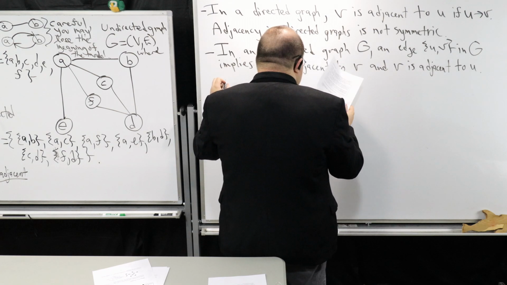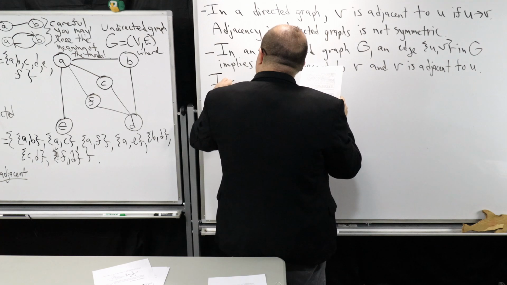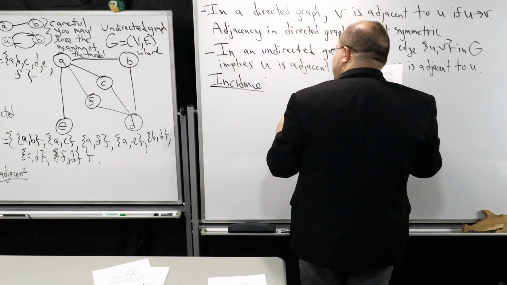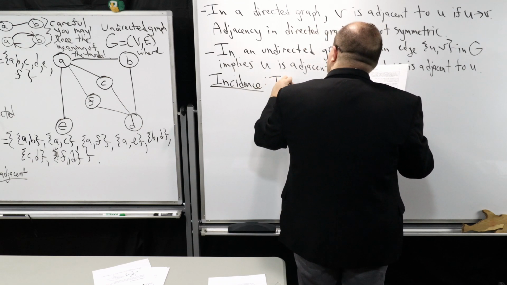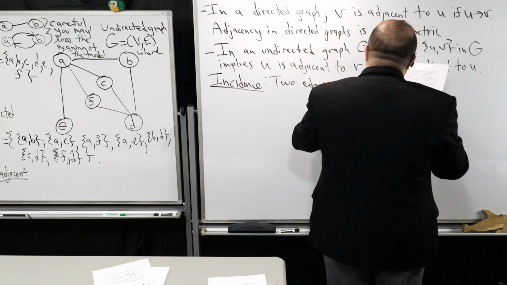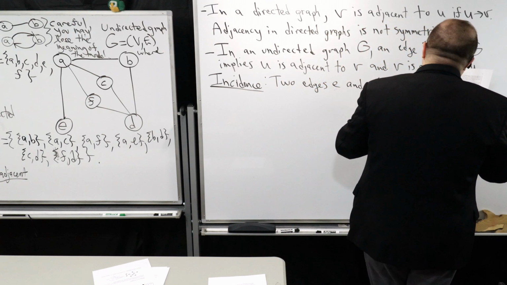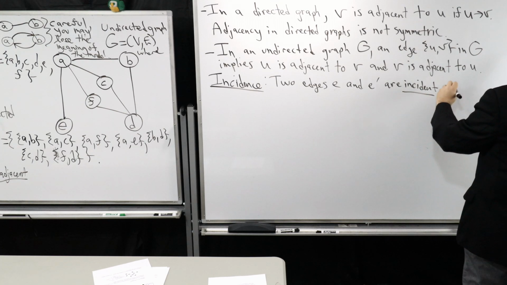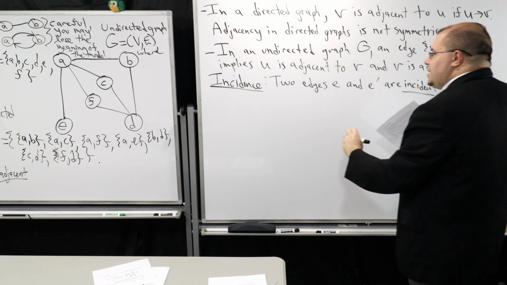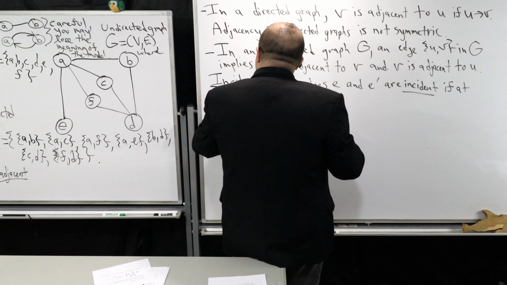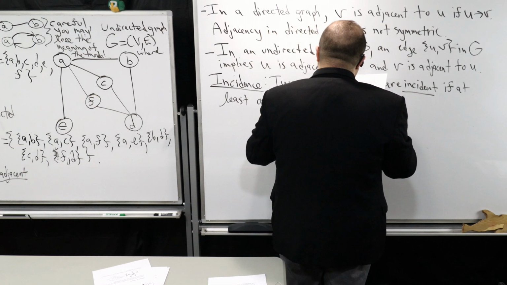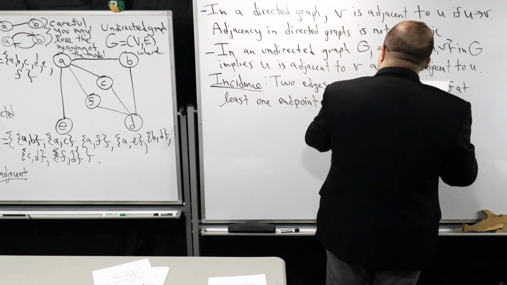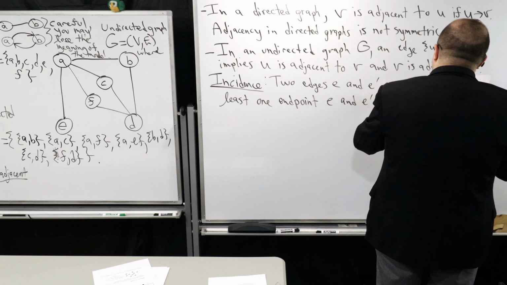So let's talk about incidence. This is the other notion of connected that I alluded to. We say two edges, E and E prime, are incident if at least one endpoint of E and E prime is the same.